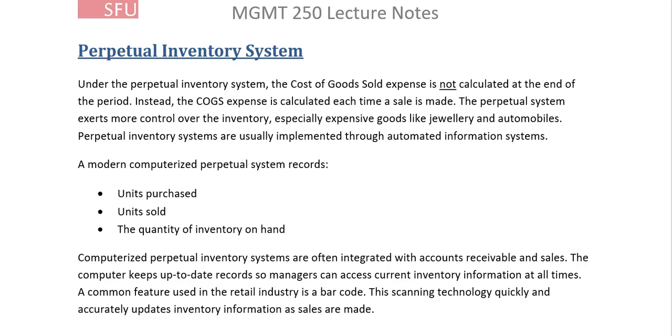The computer keeps up-to-date records so managers can access current inventory information at all times. A common feature used in the retail industry is a barcode. The scanning technology quickly and accurately updates inventory information as sales are made.